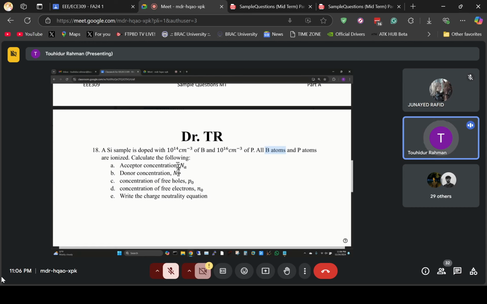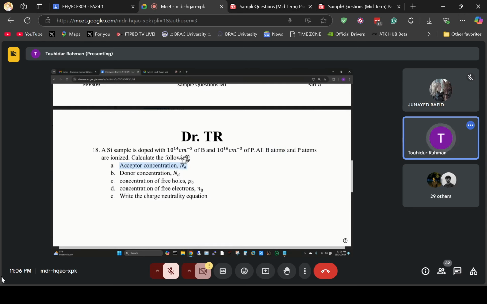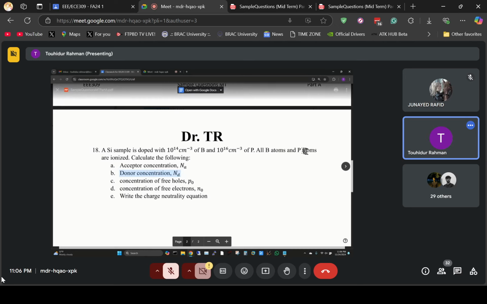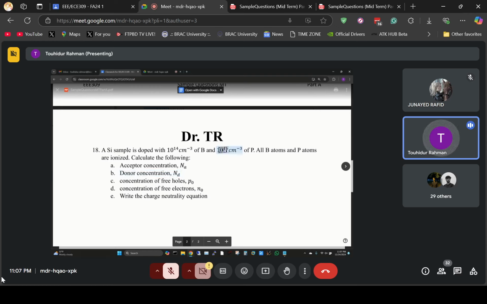Ionized, this is important. If I say ionization is only 90%, then the acceptor concentration would be 0.9 times 10 to the power 14. Similarly, because all the phosphorus atoms are ionized, the donor concentration will be exactly equal to the phosphorus atoms, which is 10 to the power 16.